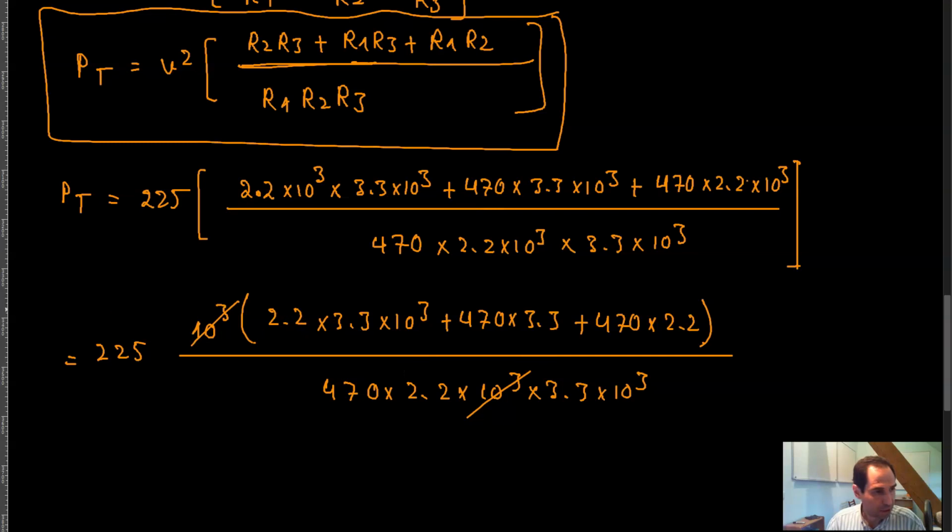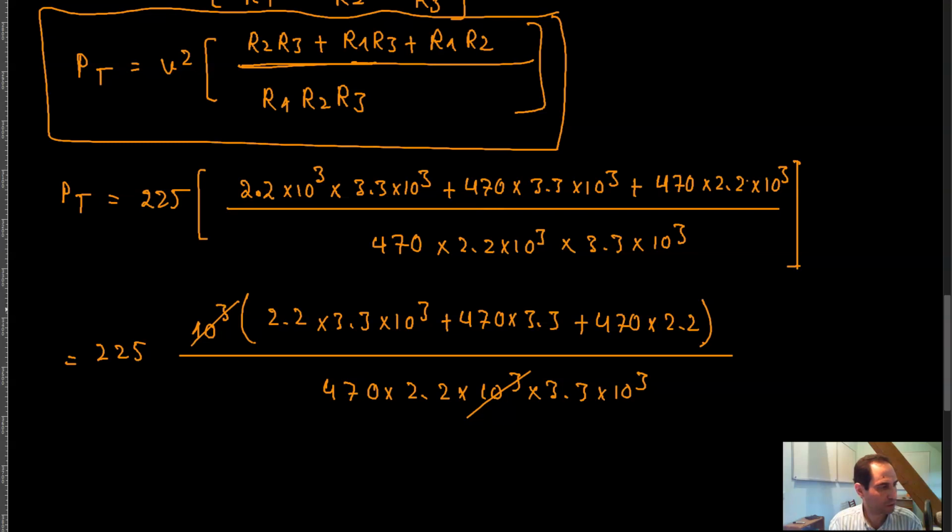And so now if you give this to a calculator, what you will get is 225 times 2.2 times 3.3 into 10 raised to the power 3 plus 470 times 3.3 plus 470 times 2.2, and divide that by 470 times 2.2 times 3.3 times 10 raised to the power 3, and close that and close that.